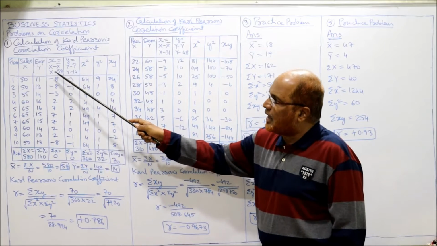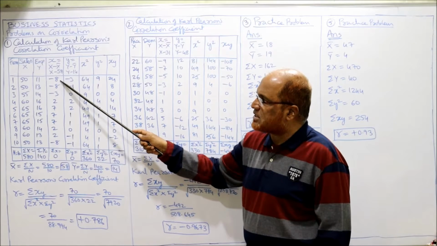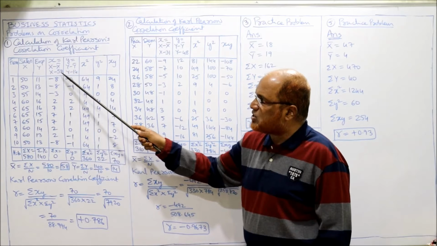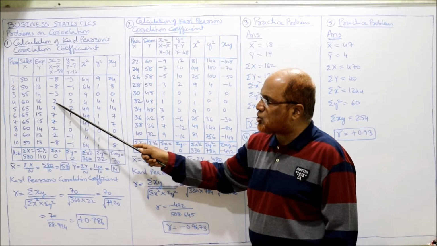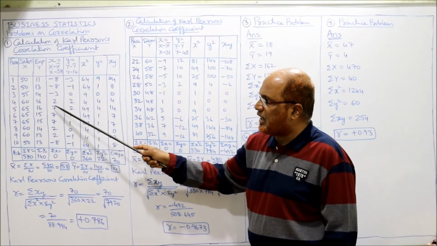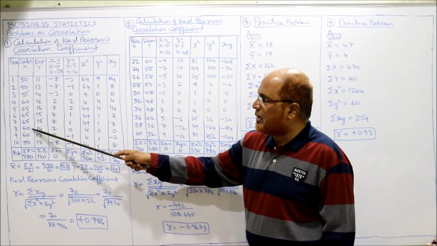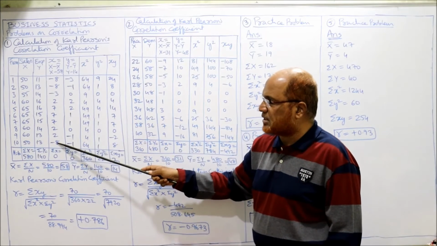Now we subtract: the first value is 50. 50 minus 58 you will get minus 8. 50 minus 58, minus 8. 55 minus 58, minus 3. 60 minus 58, plus 2. 65 minus 58, plus 7, then plus 7, plus 7, 60 minus 58, 2, 50 minus 58, minus 8.